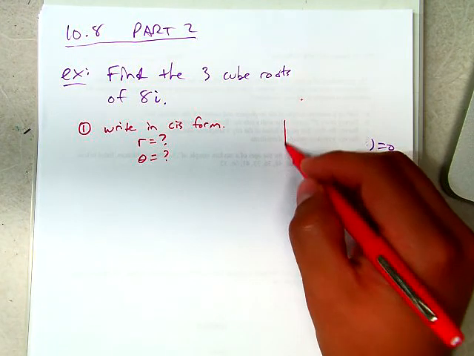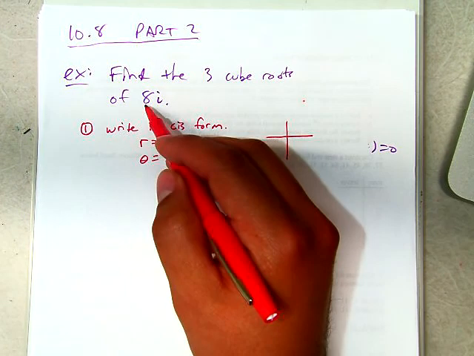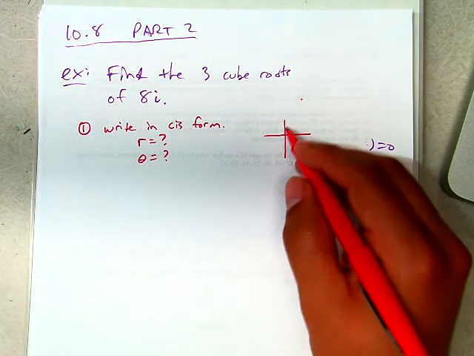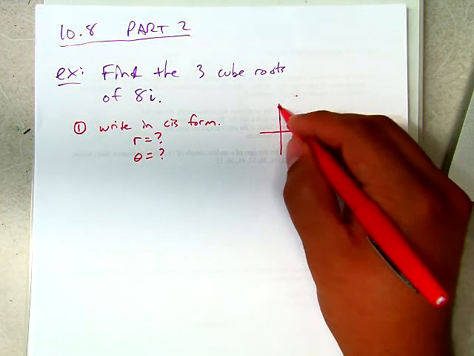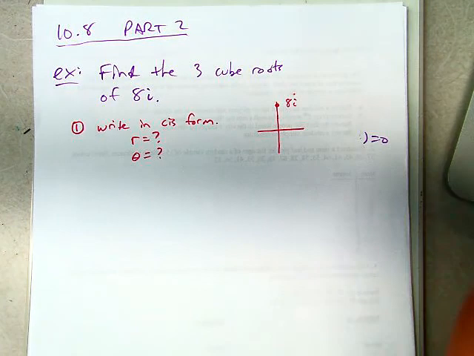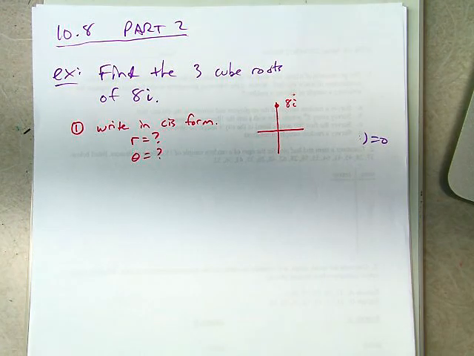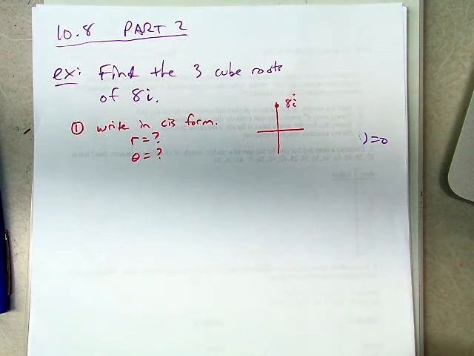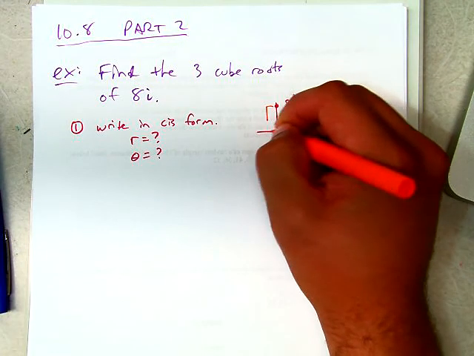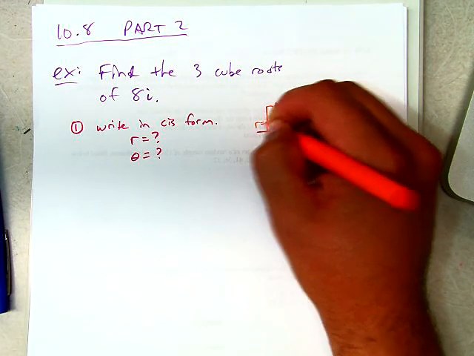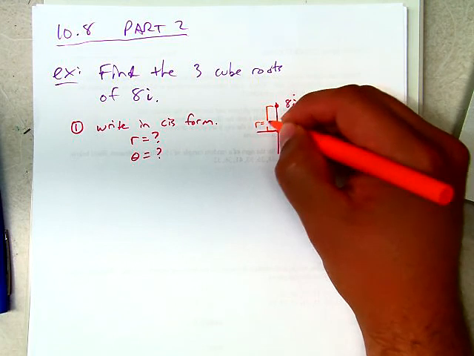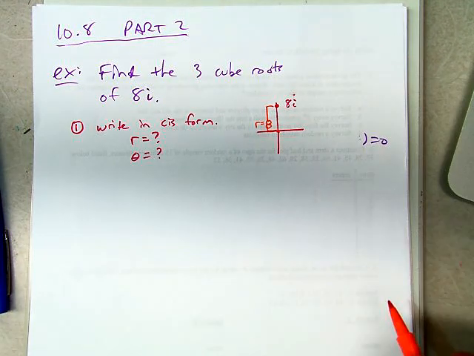However, if you know where 8i is when you graph it, we know that it's up here. And just from looking at it, or by inspection, how long is the radius? From 0 to this point is 8 units.